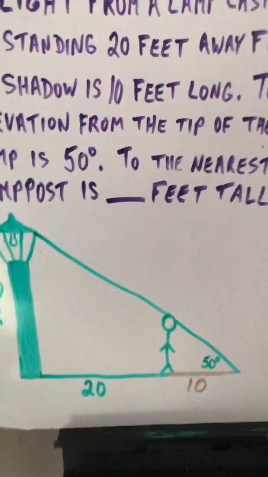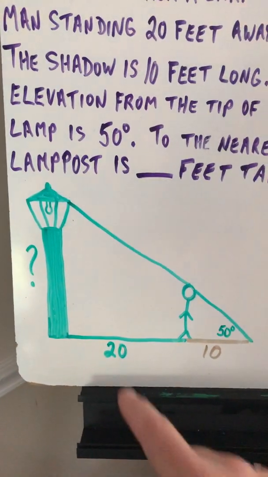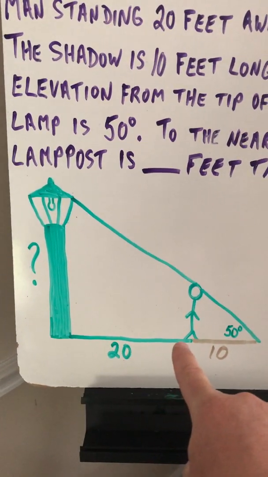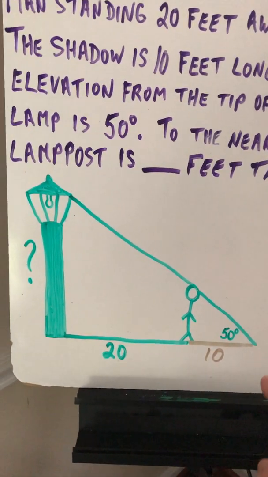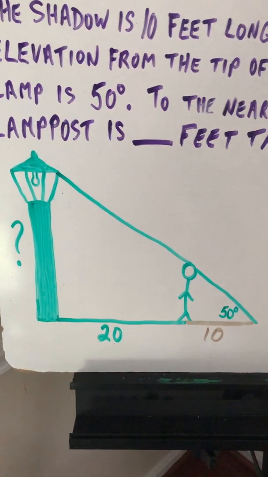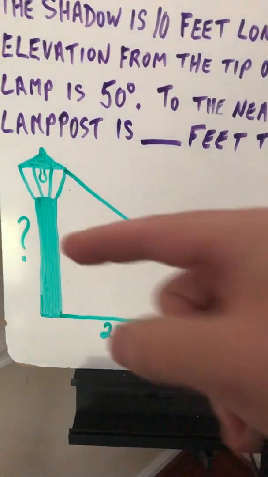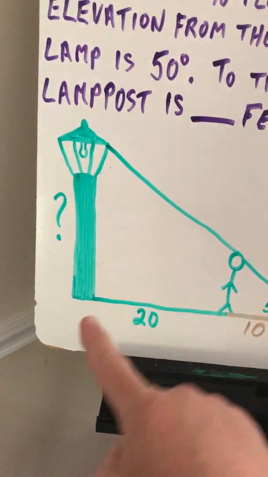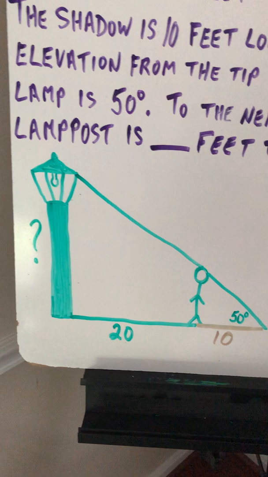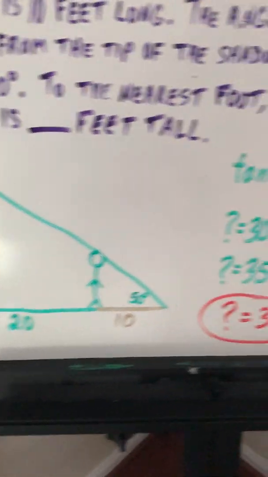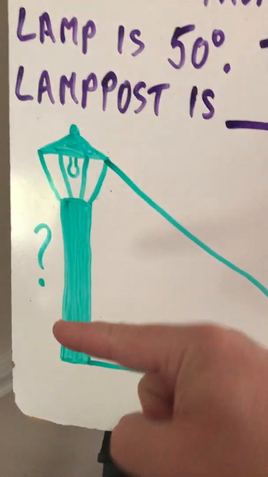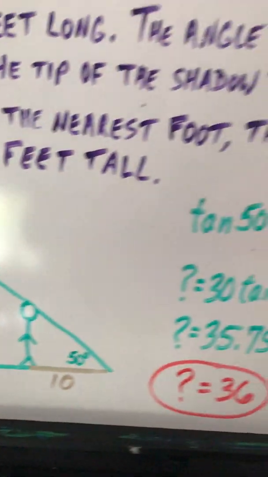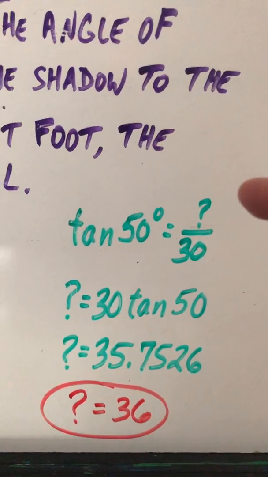Once again, if this is 20 and this is 10, what's the entire length? Hopefully you will agree that's 30. So this is opposite, this is adjacent, and again, I'm going to use tan. Tan 50 equals question mark over 30.